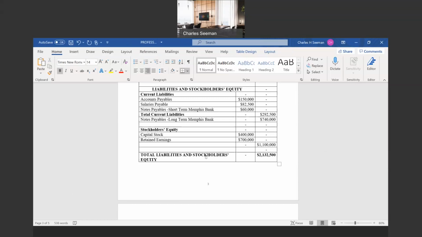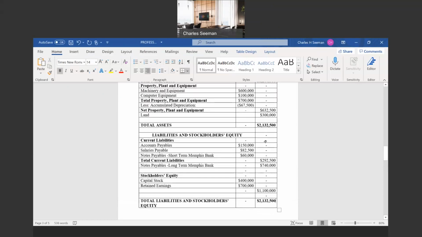Now you want to make sure that your liabilities and equity equal your assets. Total assets are 2,132,500. Total liabilities and stockholders' equity is 2,132,500.